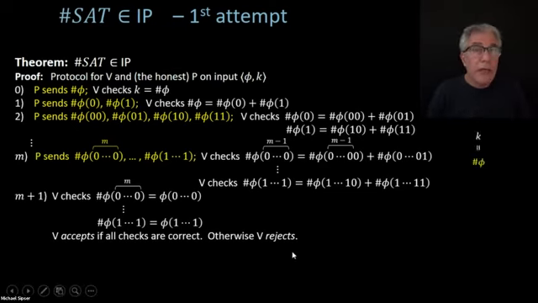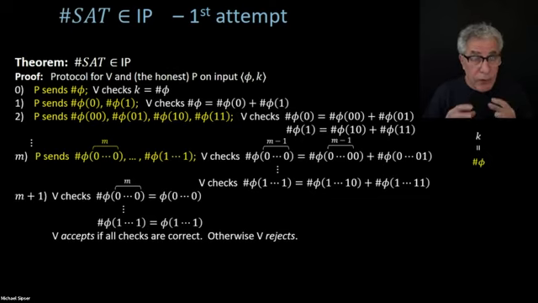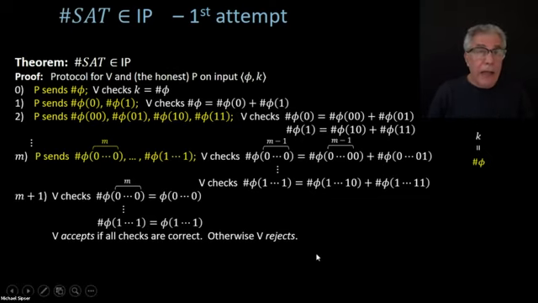Okay, so that is the protocol, the exponential protocol. And I'm not sure if this is helpful to you or not, but I like to think of it sort of as a tree of possibilities. So these yellow values are what the prover is sending. So the prover first sends the number of satisfying assignments altogether. The verifier in white is doing these checks.